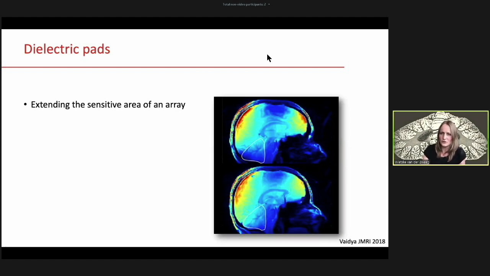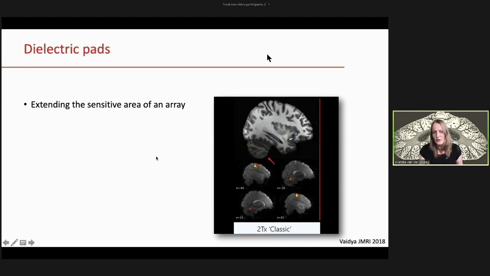There's probably an associated signal drop in the areas which have a lot of signal to start with. But this JMRI paper showed nicely that there's more signal here, and that this is not accompanied by an increase in SAR. So we're not changing the safety limits of the coil in any way by adding these.